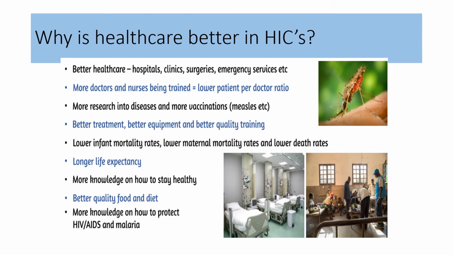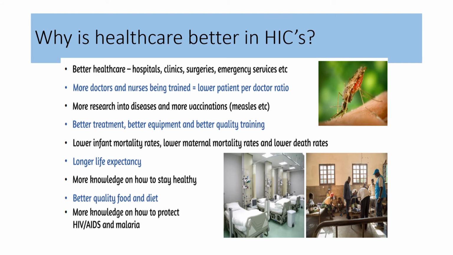So why is healthcare better in high-income countries? Well, we have better healthcare. You know that. Better hospitals, clinics, surgeries, and don't forget our emergency services as well. If you've got a problem at home, people can actually be at your front doorstep within a few minutes. More doctors and nurses being trained. And that's very true.